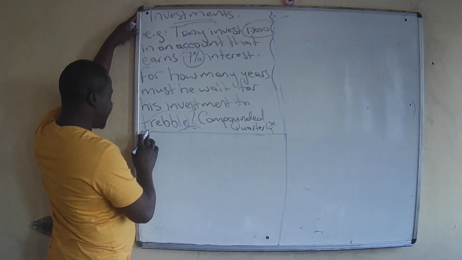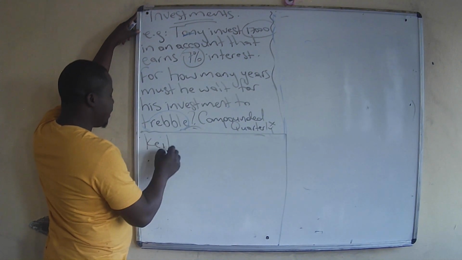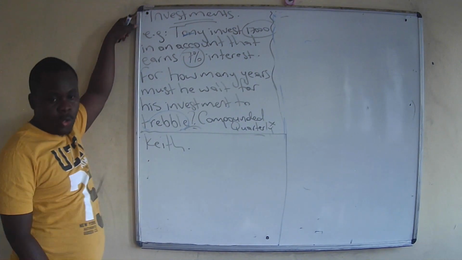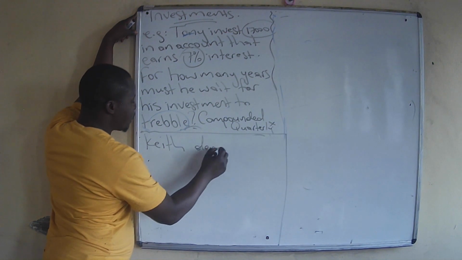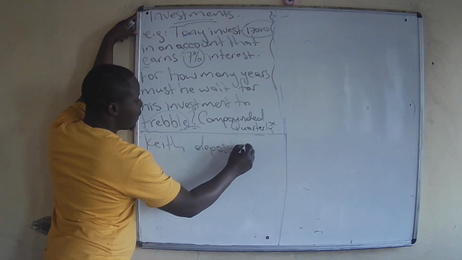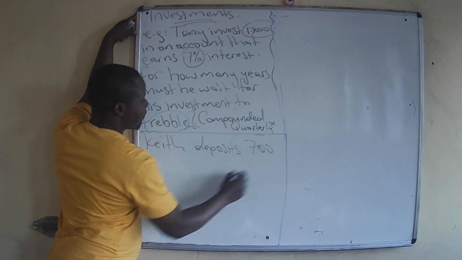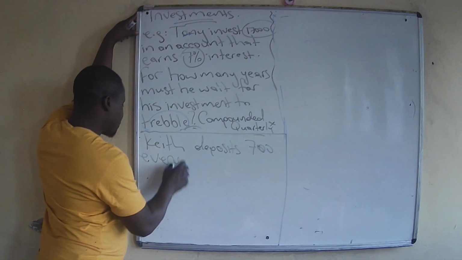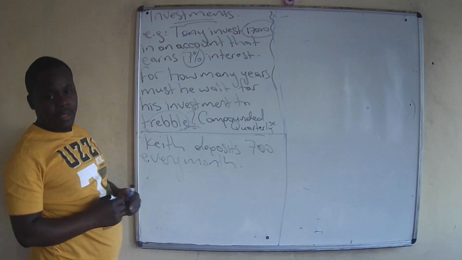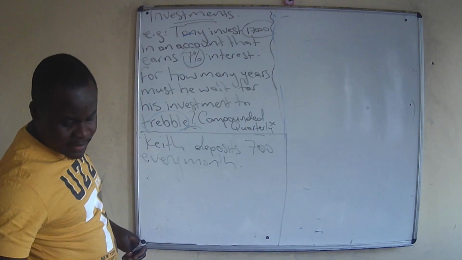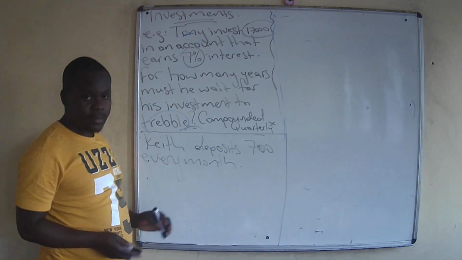So let's say this guy, his name is Keith. So Keith deposits 700 rand every month in an account.